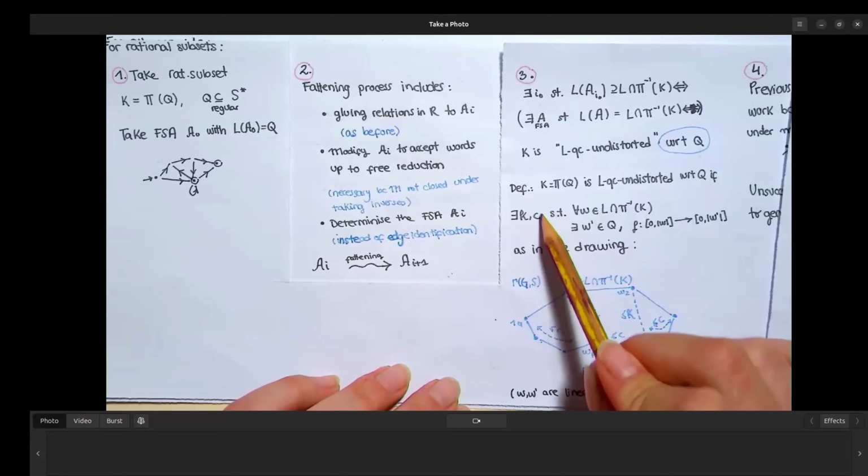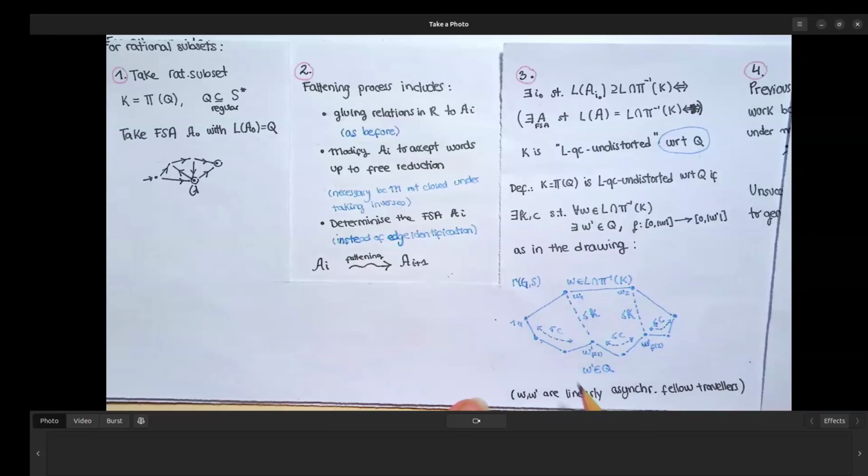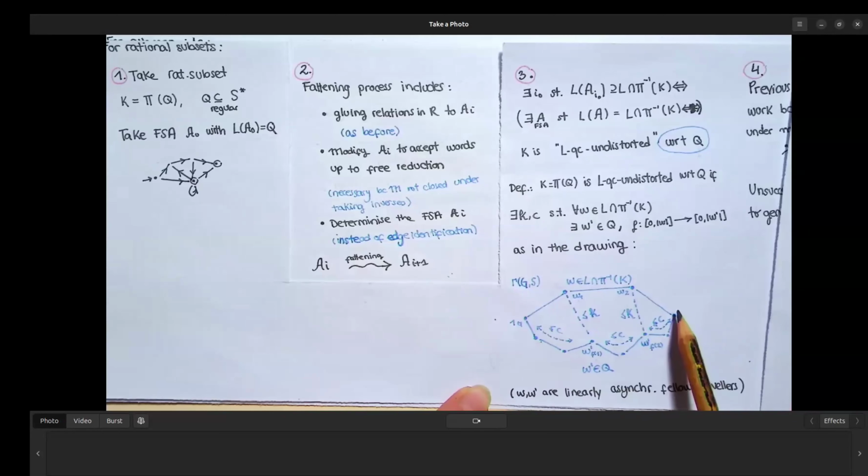So the constant C is bounding how far apart these W prime of f of i and W prime of f of i plus 1 can be. And if you are more familiar with this, what I'm saying here is that for each L representative W of K, there is a W prime in Q such that W and W prime asynchronously fellow travel with a linear bound, which is given by C.